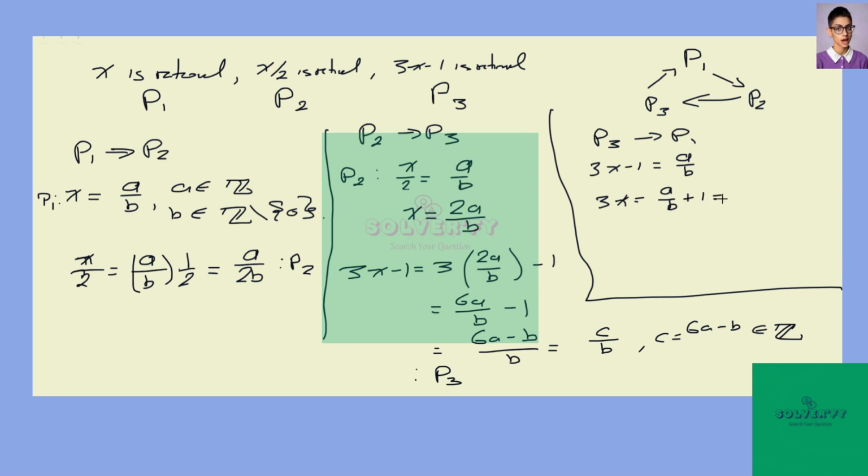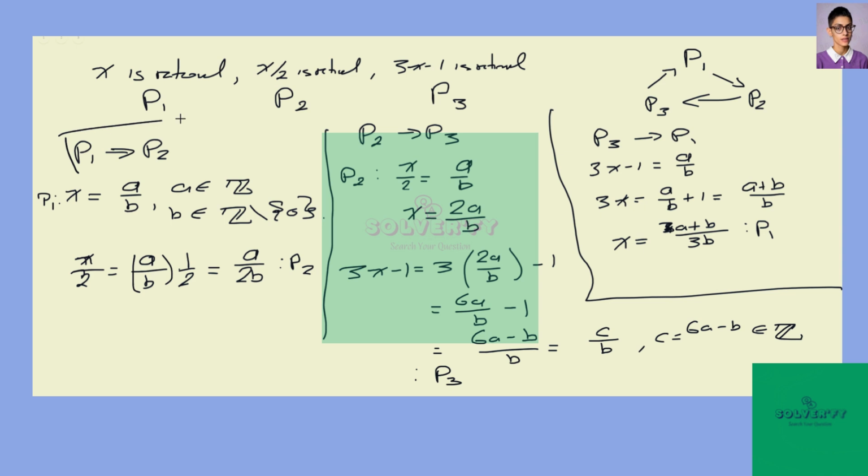So this is just a plus b over b. Dividing by 3, we have x is equal to a plus b over 3b. So this is some integer divided by an integer that's not equal to 0. Therefore x is a rational number as well. So hence we've just proven P1.